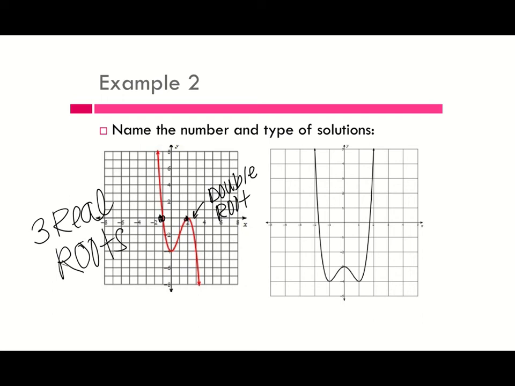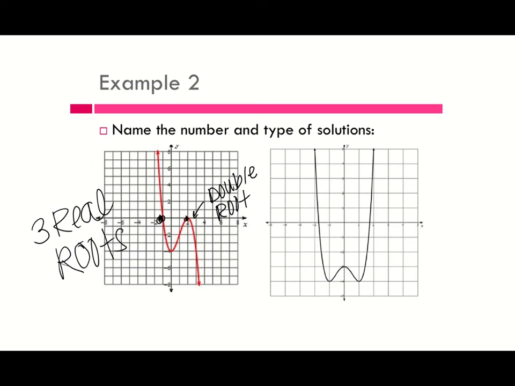And I know if I have 2 here, that I can't have 2 real and 1 imaginary, because imaginaries come in pairs. So that'll clue me in that, yeah, this is a double root, because I can't just have 1 imaginary solution. If I'm looking at my graph on the right, I've got my W shape, I've got 3 turning points, 4 different intervals, so this is of degree 4, so I need to have 4 solutions.